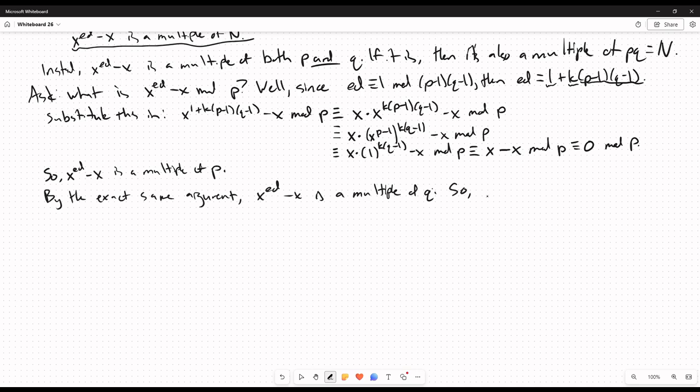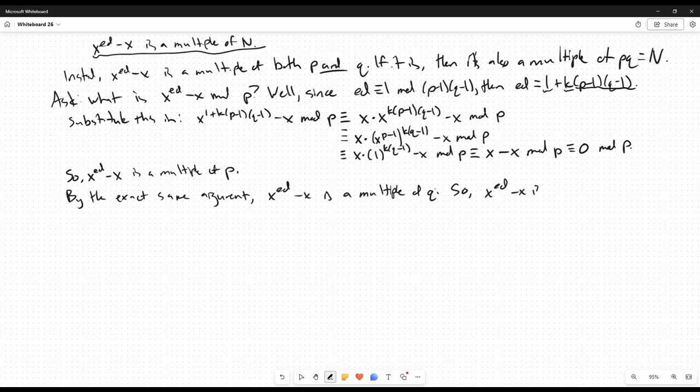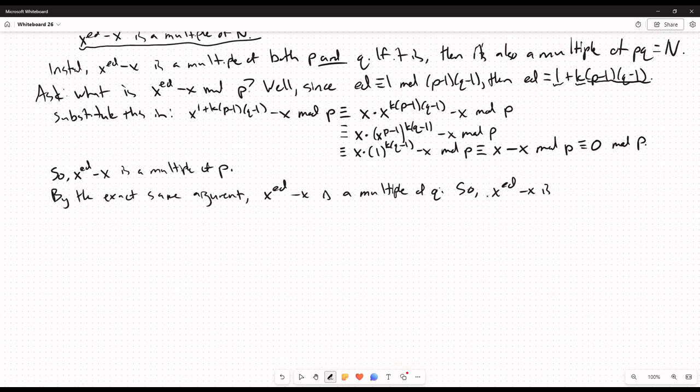So x to the power of ed minus x is also a multiple of pq, which is just n.